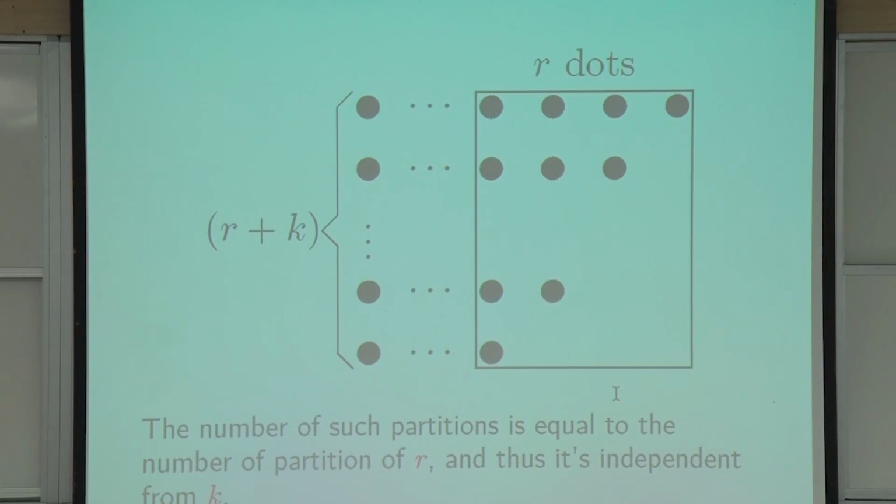Whenever you have a number, let's say r is equal to 5, k is equal to 3, the number of ways to partition 13 into 8 parts is the same as the number of ways to partition, this time with r equal to 5 and k equal to 1, 11 into 6 parts.